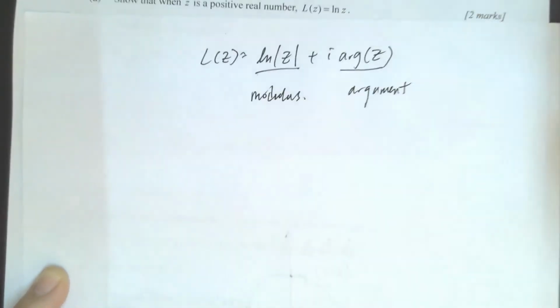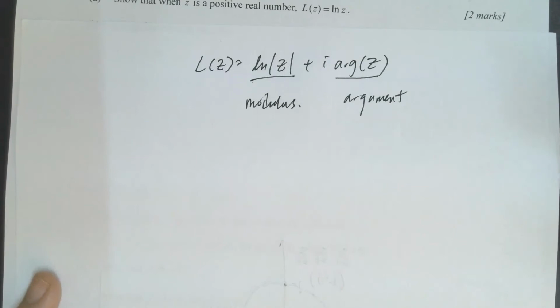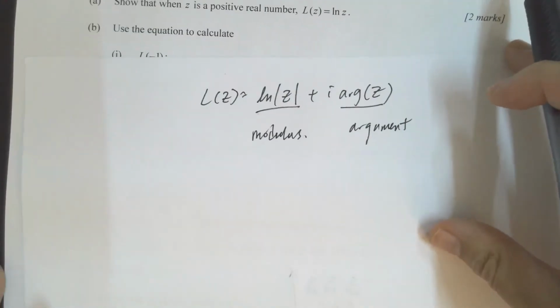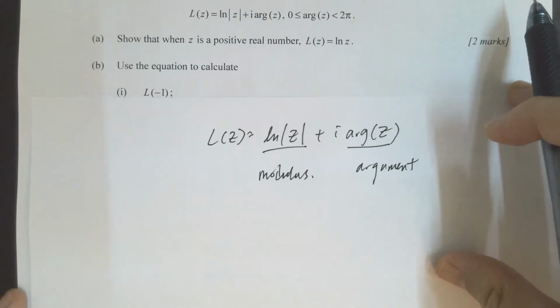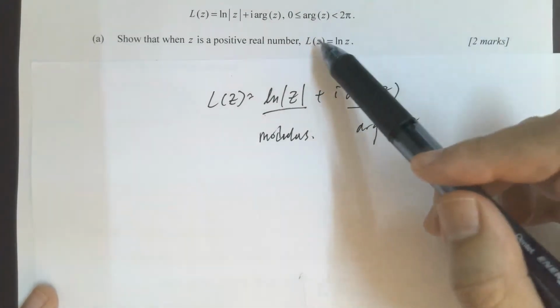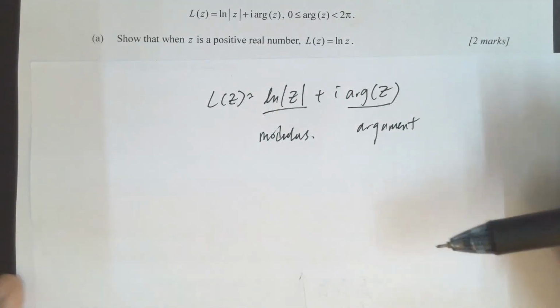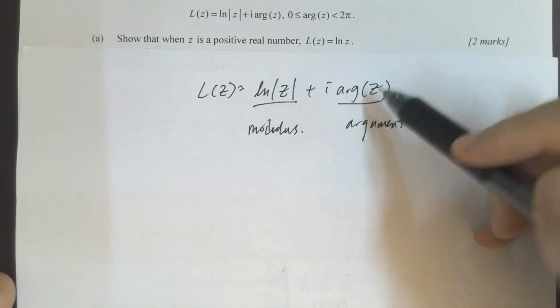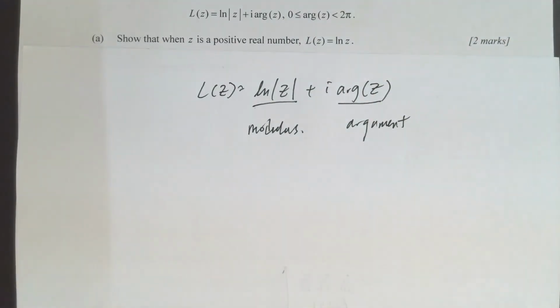Basically, we're looking at the polar form, and it says: show that when z is a positive real number, L of z is just equal to ln of z. Now that looks very simple once we understand what the notation Arg is. I think this is really what they want you to know.